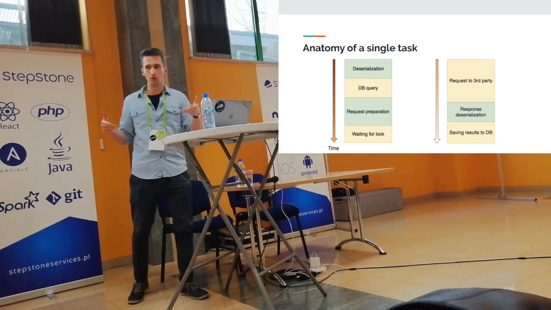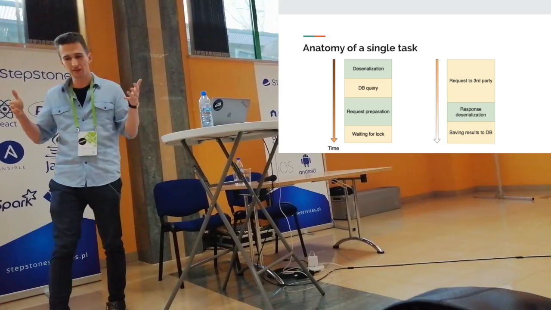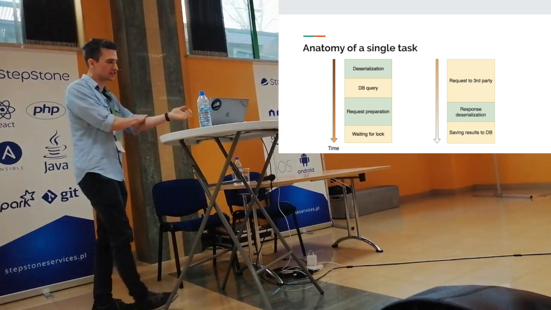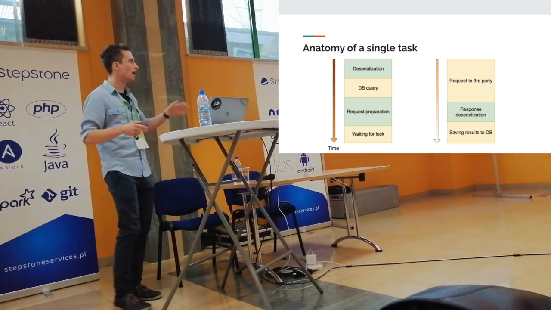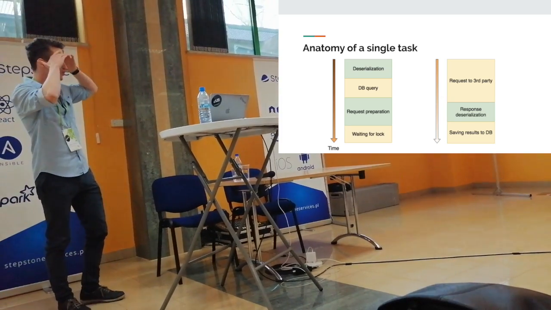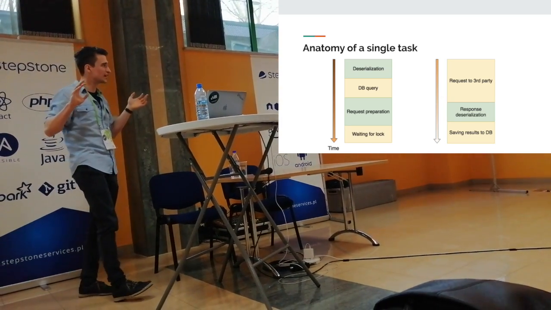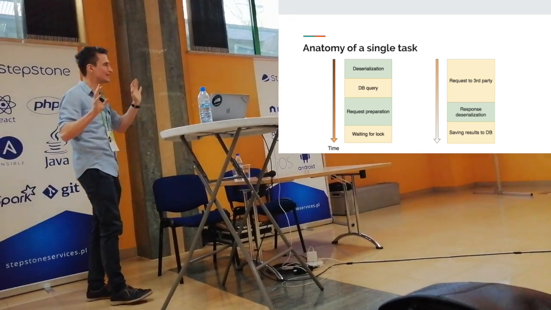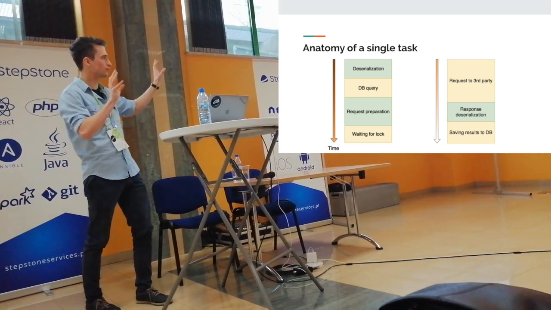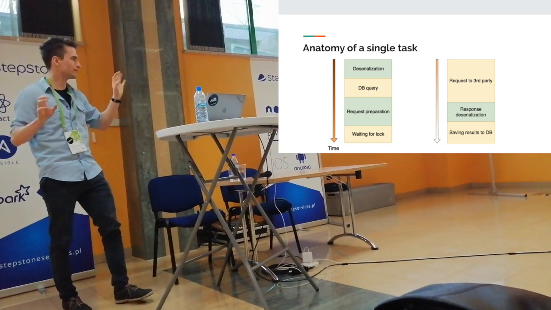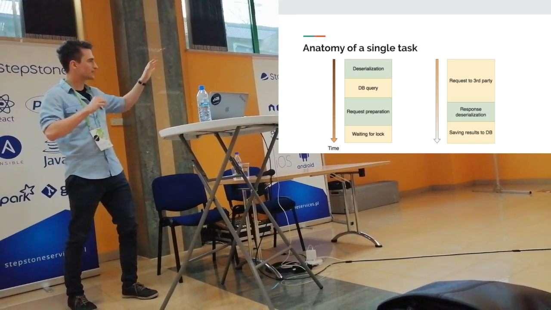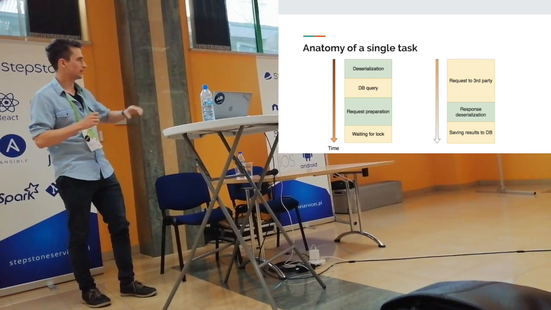Alright, so we started digging more. Let's zoom in, let's see what kind of tasks we have on our queues. And this diagram shows you some maybe generic flow, probably not all of you have systems like that, but some of you may. Let's follow through this flow.